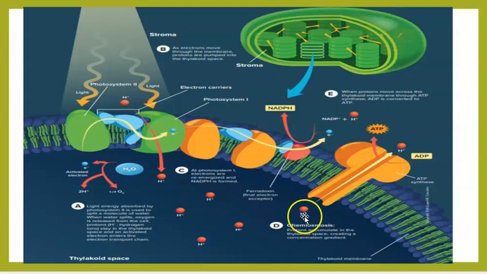It takes the H plus, or the proton, from inside the thylakoid space to outside, and when this happens, ADP gets converted to ATP. So these are your products after your first phase: NADPH and ATP. Now, the second phase is when you use this ATP and NADPH to make your final product, which is glucose. That will be discussed in the next video.